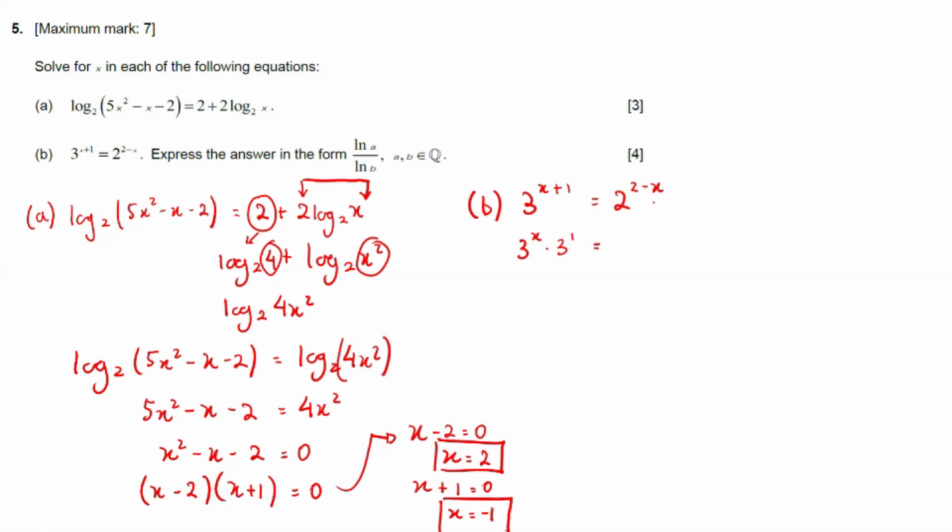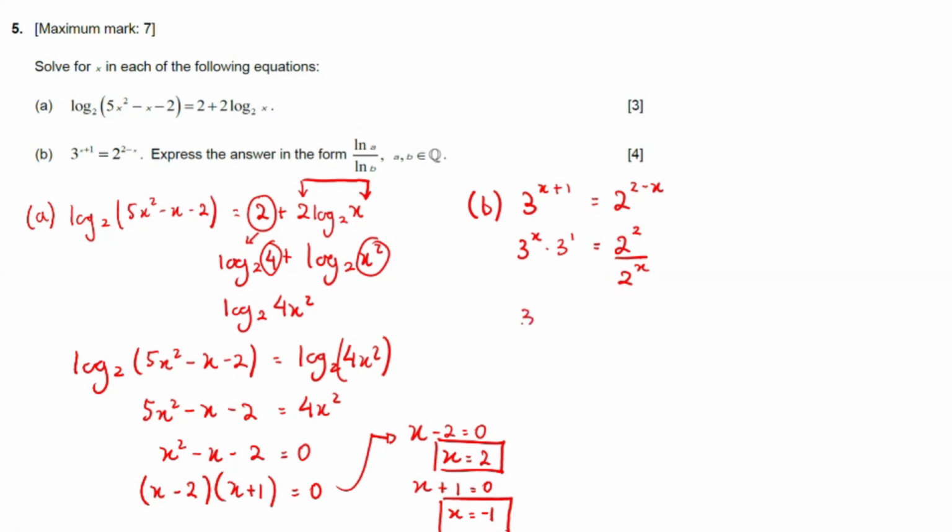And this one here, 2 to the power of 2 minus x, this comes from 2 to the power of 2 divided by 2 to the power of x right here. So what we can do is that we can actually combine the x's. Remember, our goal is to solve, meaning we want to find what is x. Put all the x together.